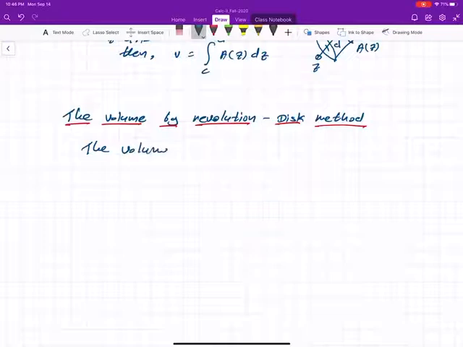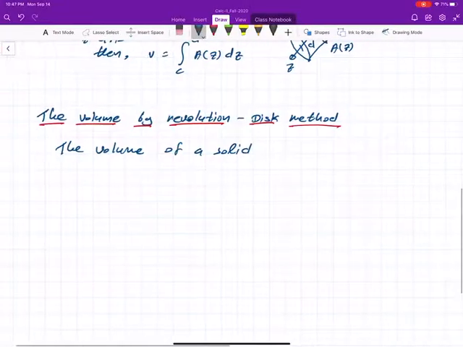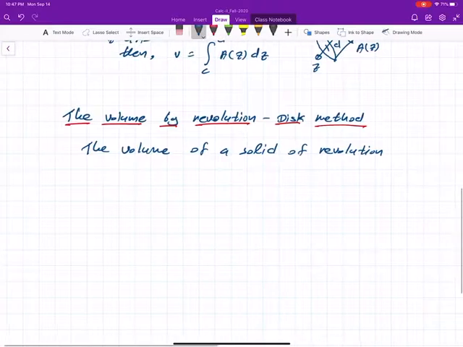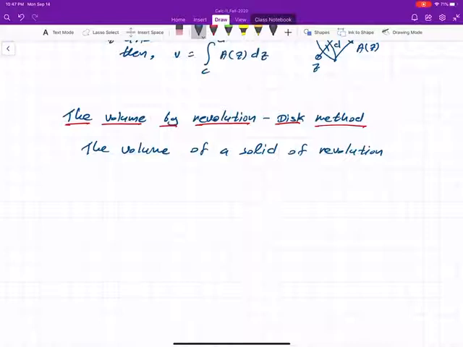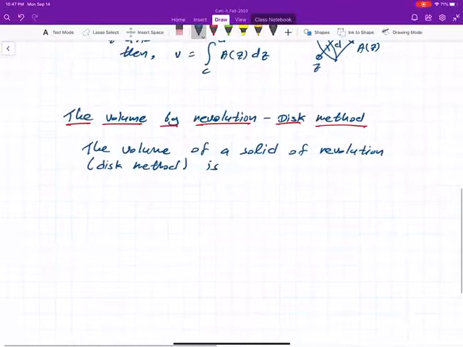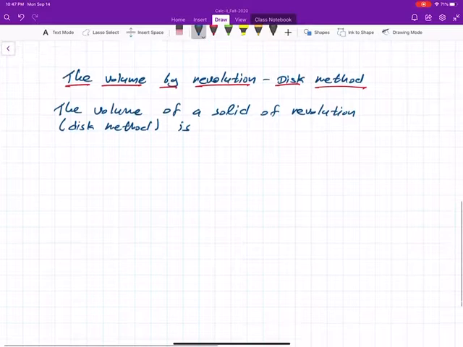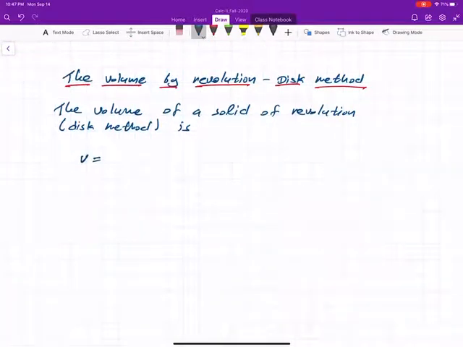The volume of a solid of revolution, we are talking about the disk method, is that volume is written as V equals pi integral from A to B of R of x squared dx.